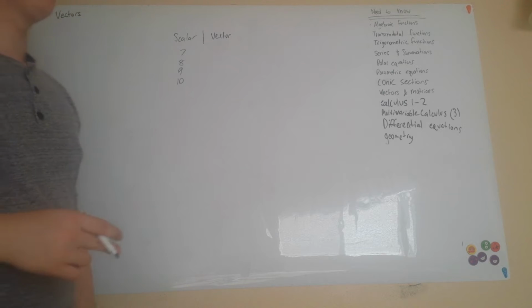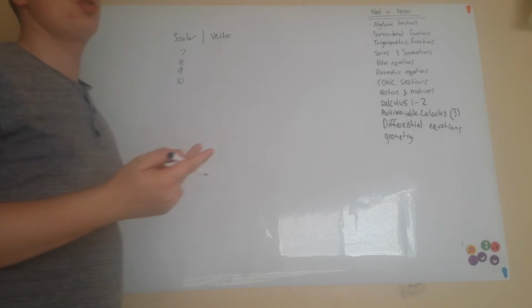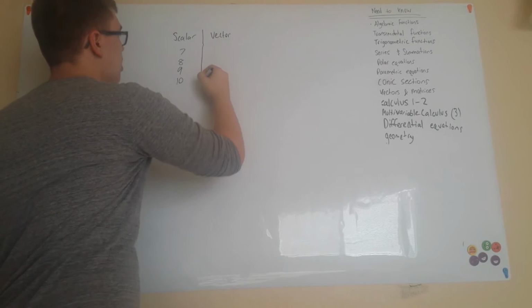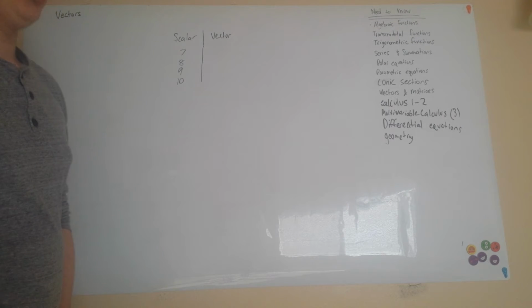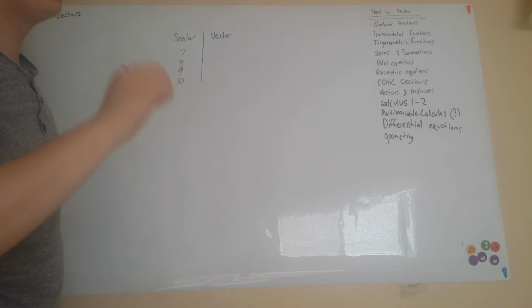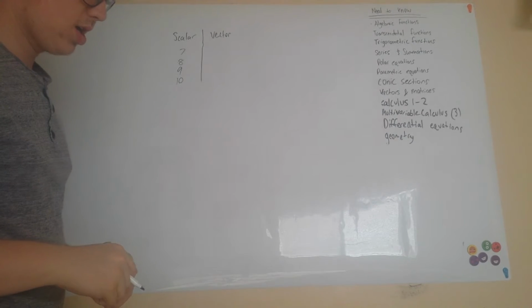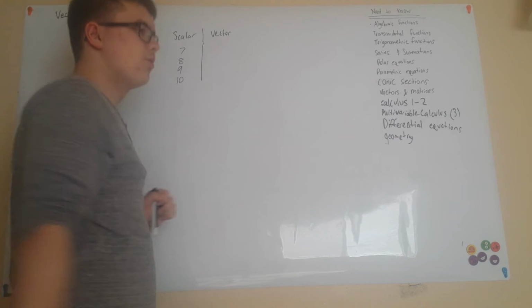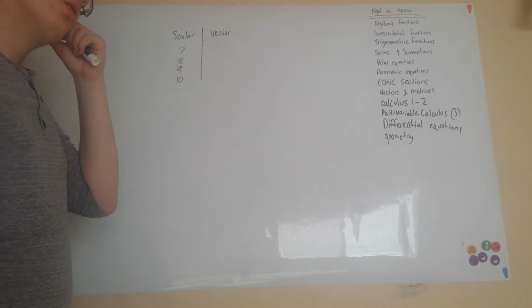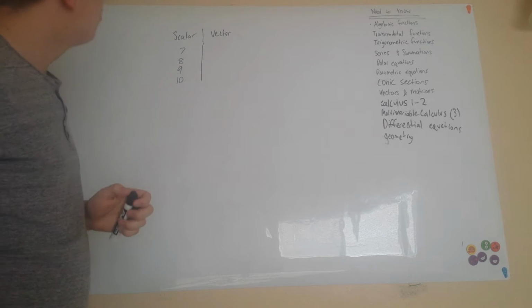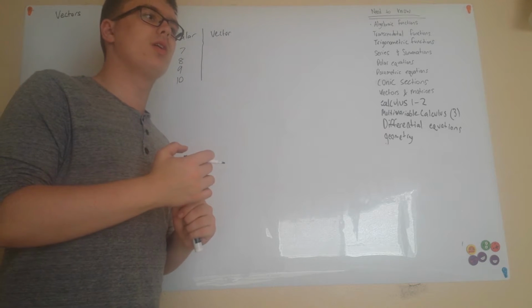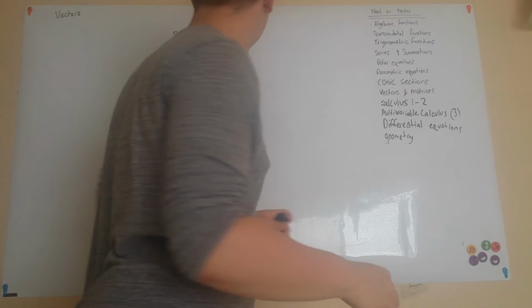Now, vectors give us two pieces of information. They give us that number, but they also give you a direction. And this is what this looks like. So there's different forms, but vectors give you a quantity and a direction.